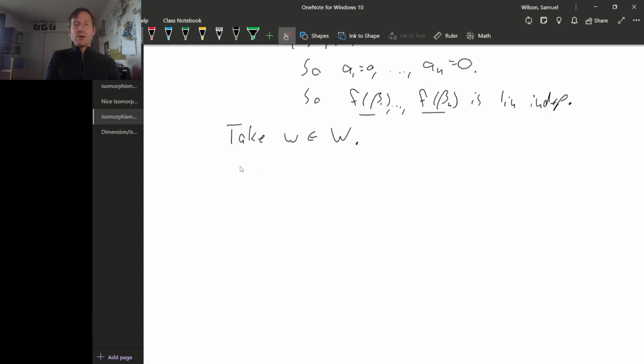All right, so now we can write f inverse applied to little w. F inverse applied to little w, this is something in the vector space V, right?